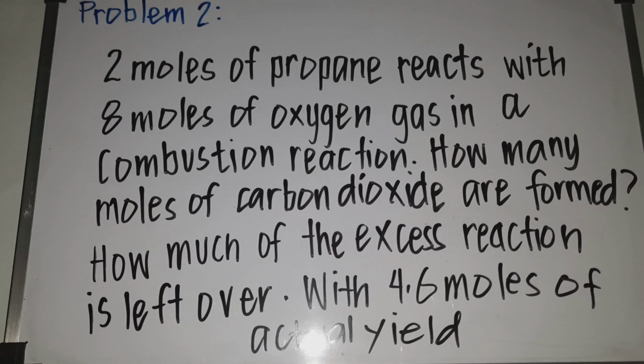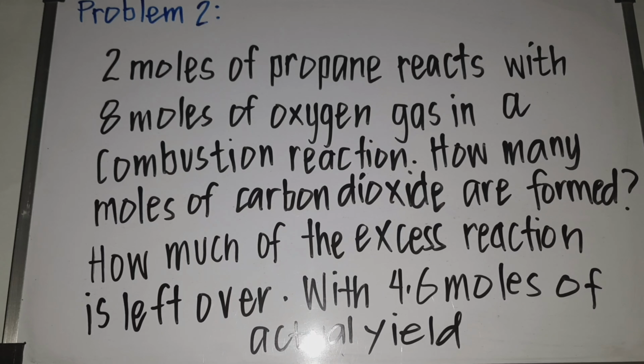Problem number 2. 2 moles of propane reacts with 8 moles of oxygen in a combustion reaction. How many moles of carbon dioxide are formed, and how much of the excess reactant is left over, with 4.6 moles of the actual yield?